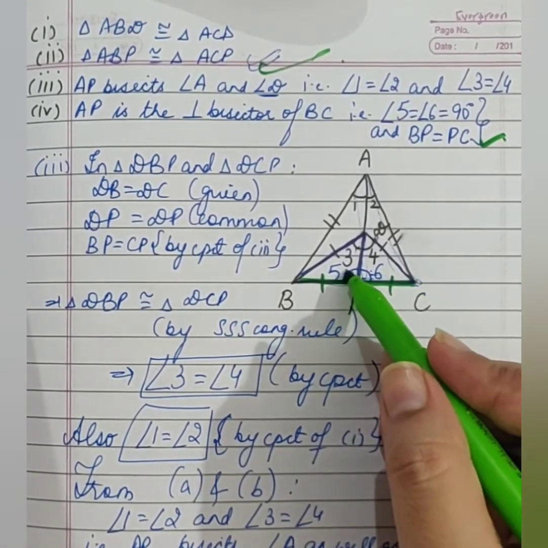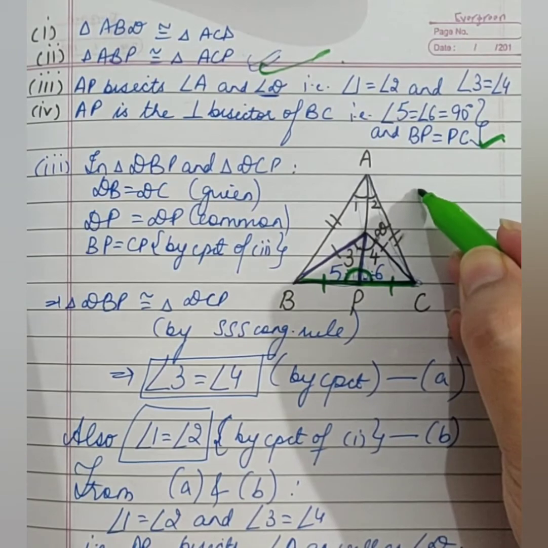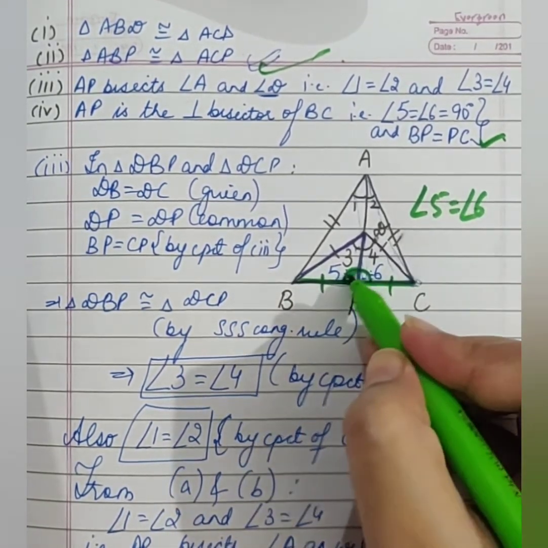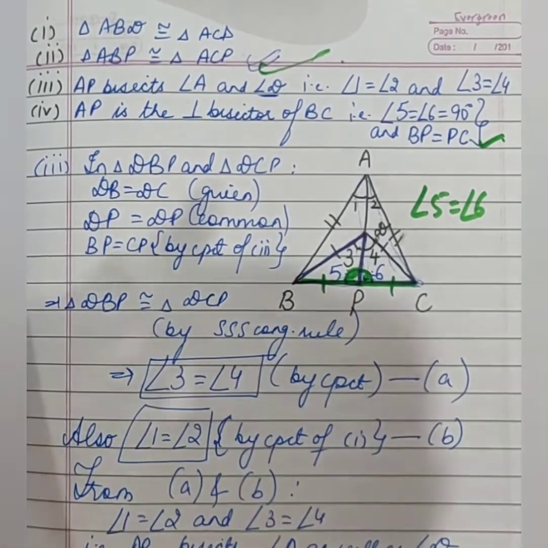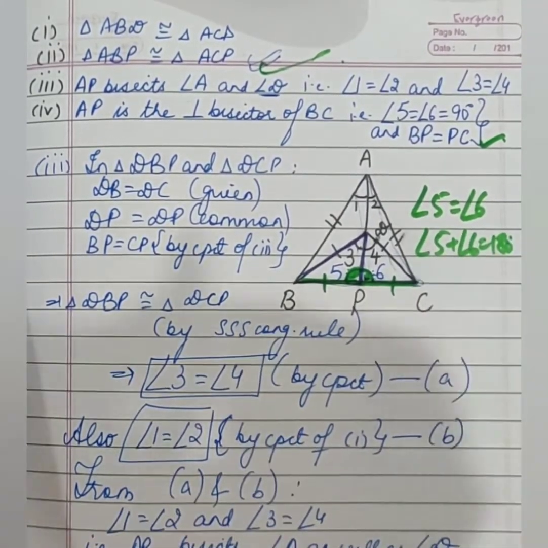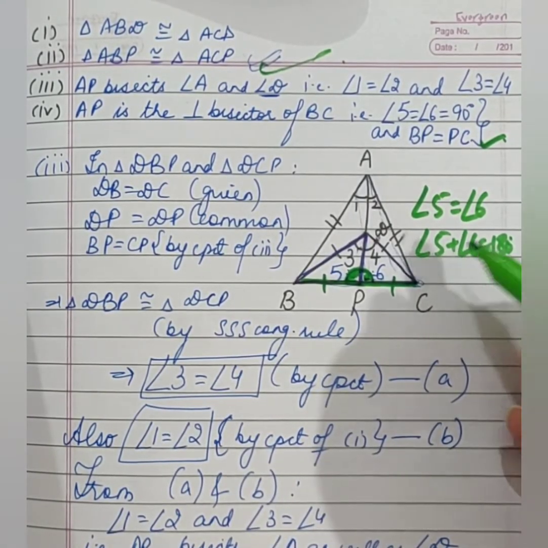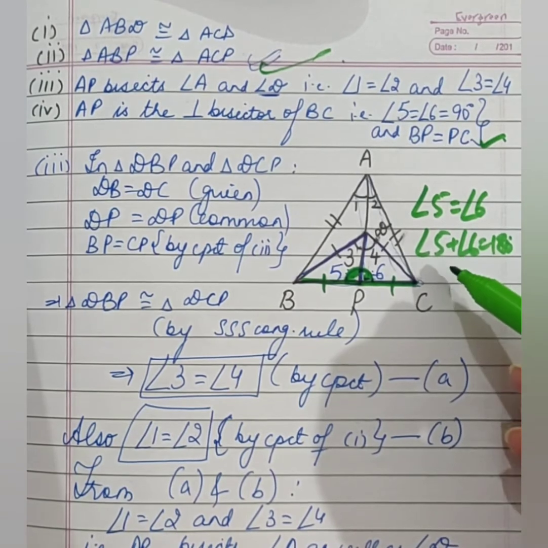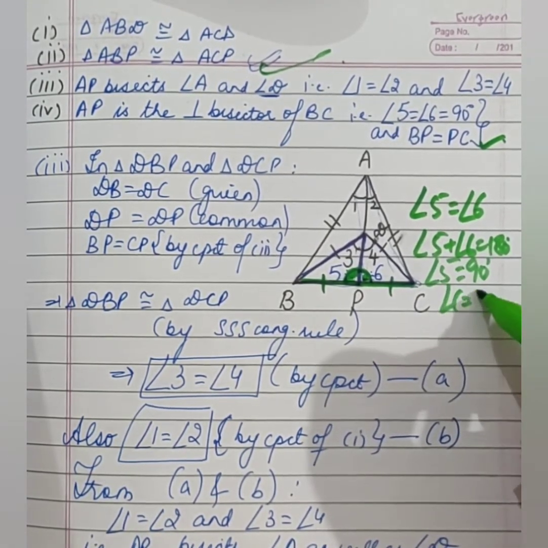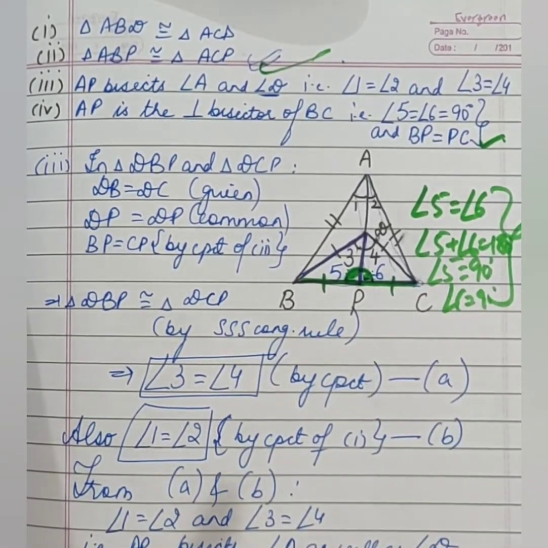Now how to prove angle 5 is equal to angle 6, which is 90 degrees? We know angle 5 will be equal to angle 6 by CPCT again. But angle 5 plus angle 6 is 180 degrees as it's forming a linear pair. So in place of angle 5 we can write angle 6. So we'll get the value of angle 5 and angle 6 as 90 degrees. So this way we'll be doing this question.